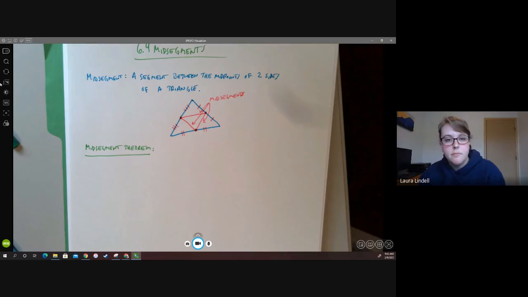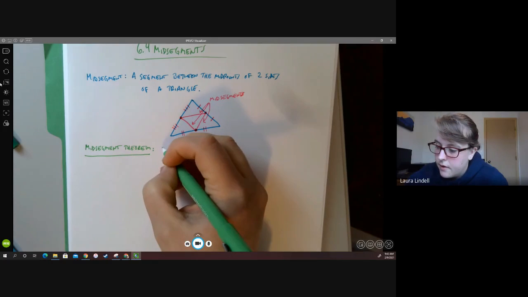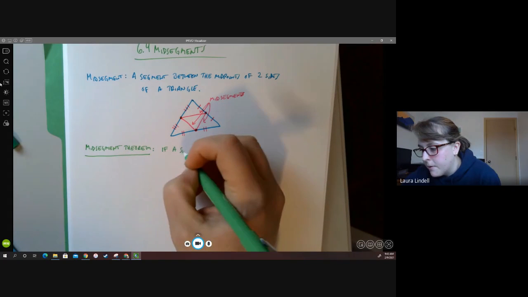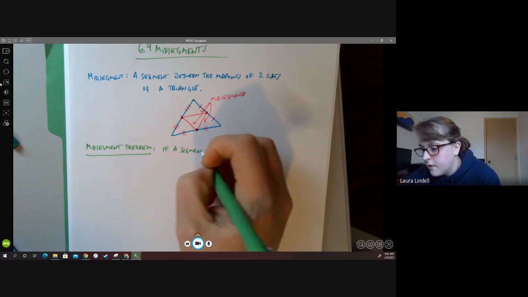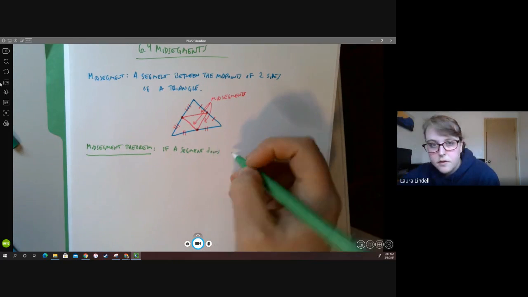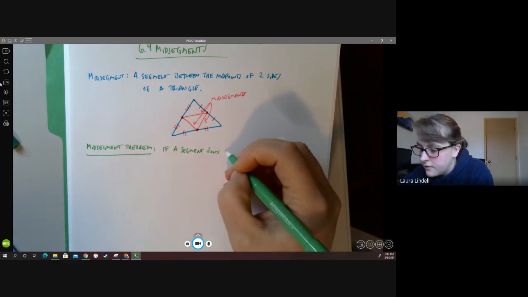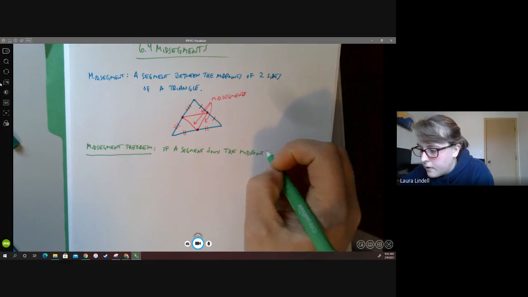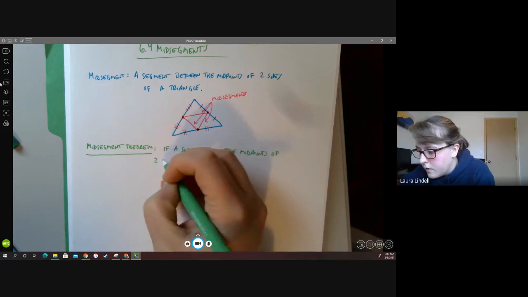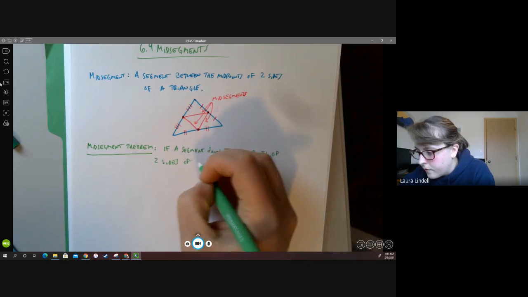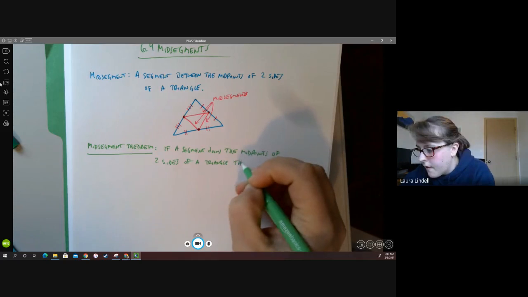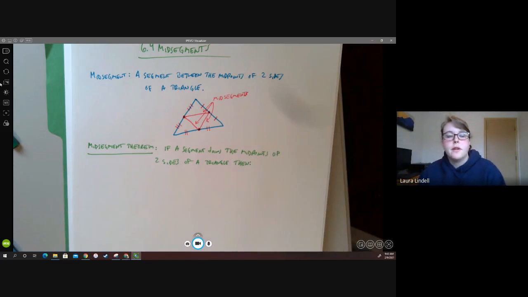Okay. So the mid-segment theorem says if a segment joins the midpoints of two sides of a triangle, then two things happen.